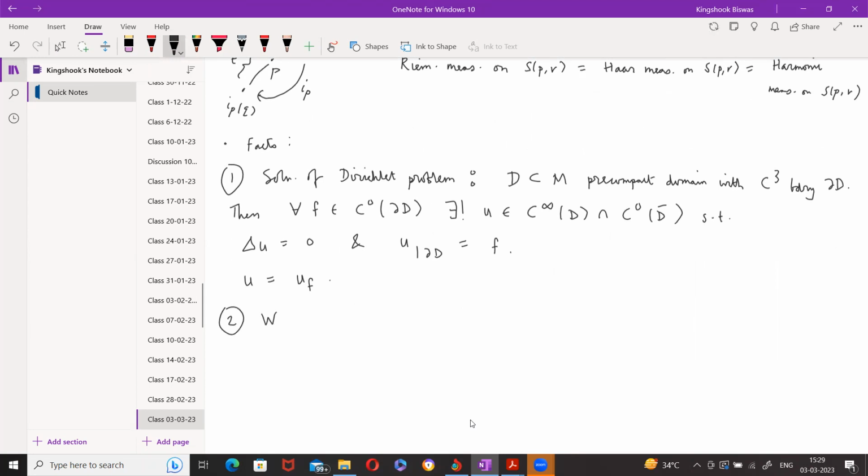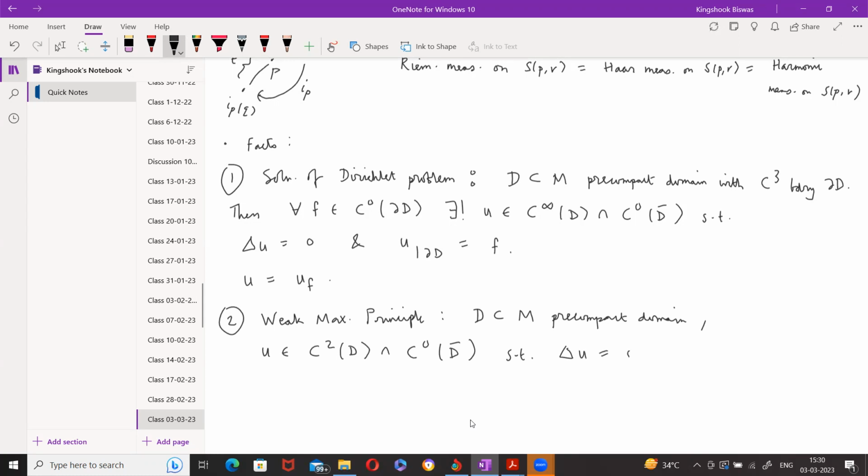we have what's called the weak maximum principle. It says that if D is a pre-compact domain, so for this I don't need to assume that boundary D is smooth, and U is a C2 function in D, which is continuous up to the closure, such that U is harmonic.